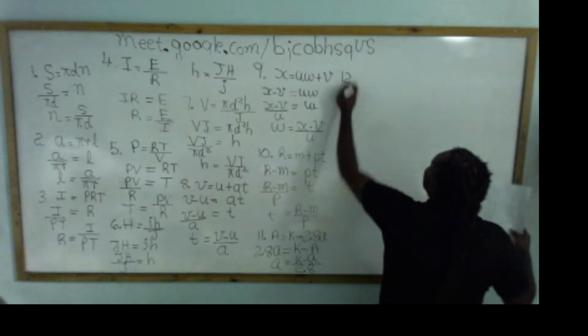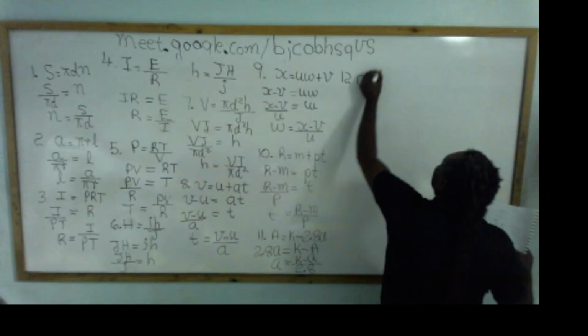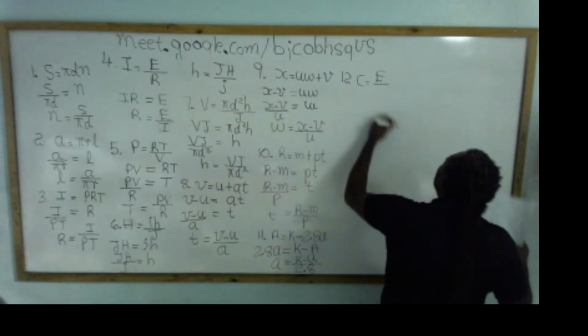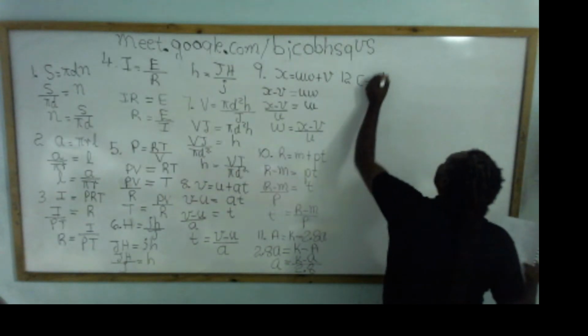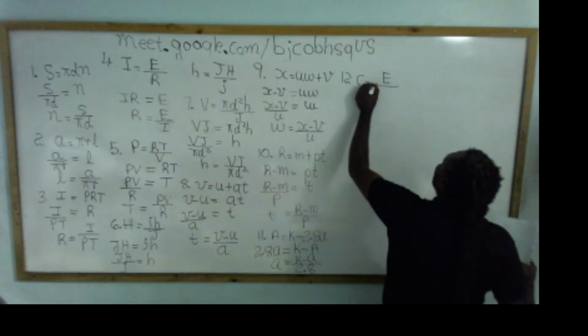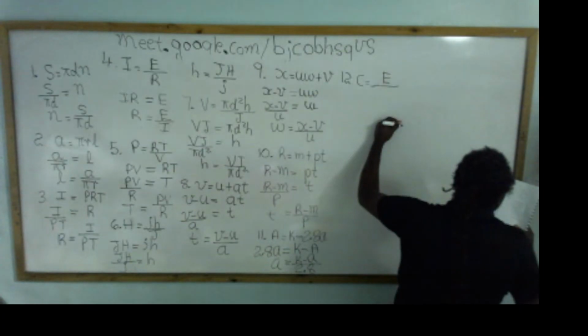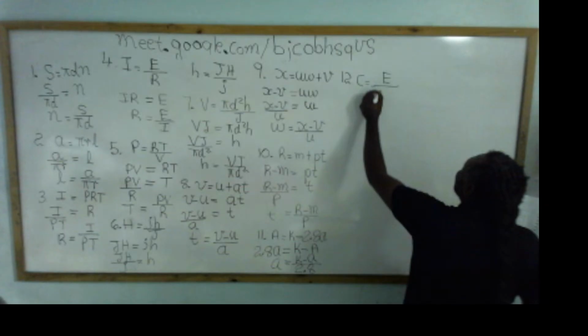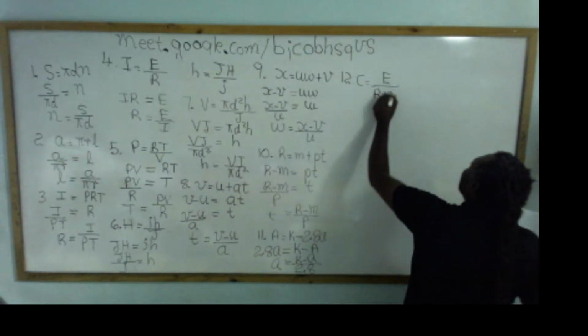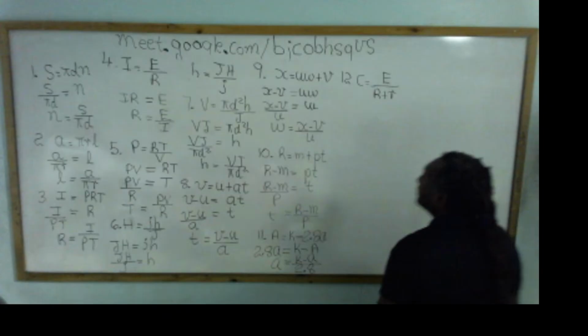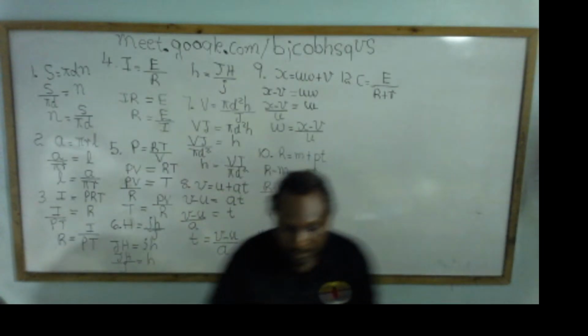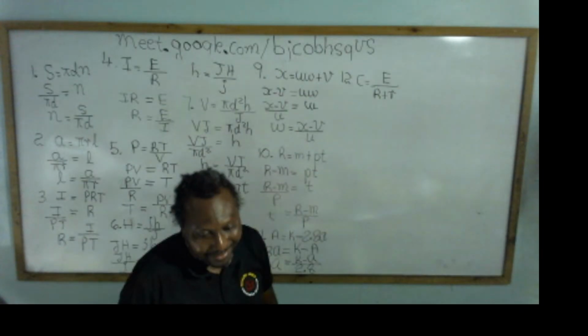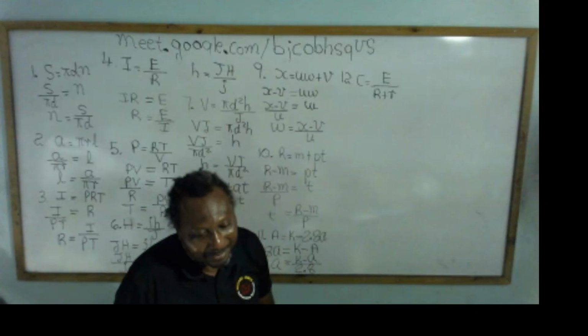C is equal to E over R plus R. Well, it's a little bit out of it, so the students should be able to see that.